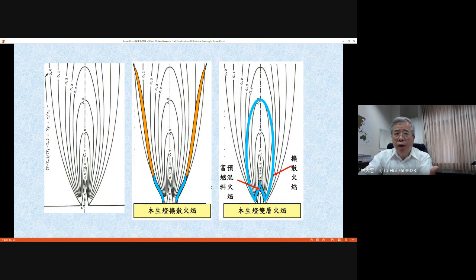Originally it should not survive, but now it survives because of the support coming from the diffusion flame. Okay, and you can see clearly there is the rich premixed flame at 18%, and in this case the diffusion flame supports it. Okay, now in this case we call this rich premixed flame superheated. Superheating means that downstream they have additional energy to support your flame's survival.